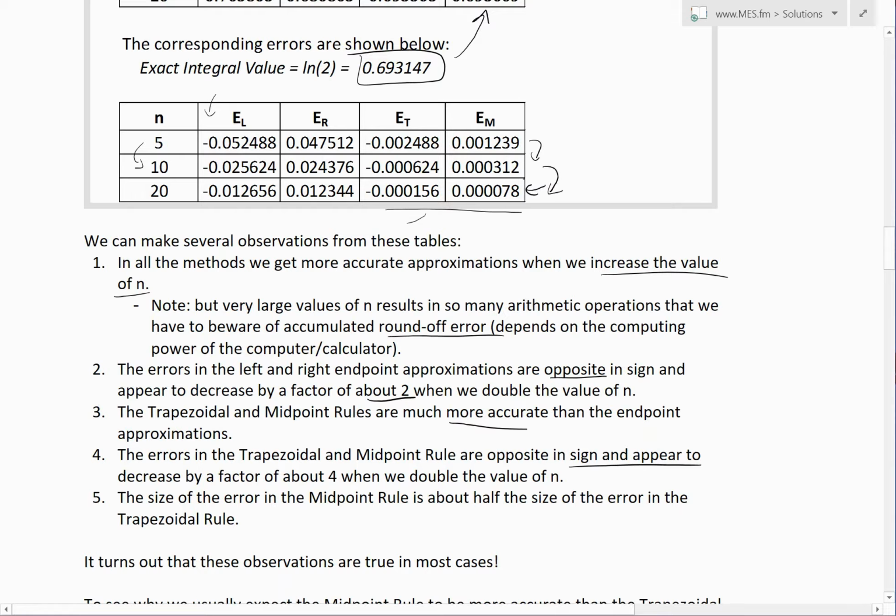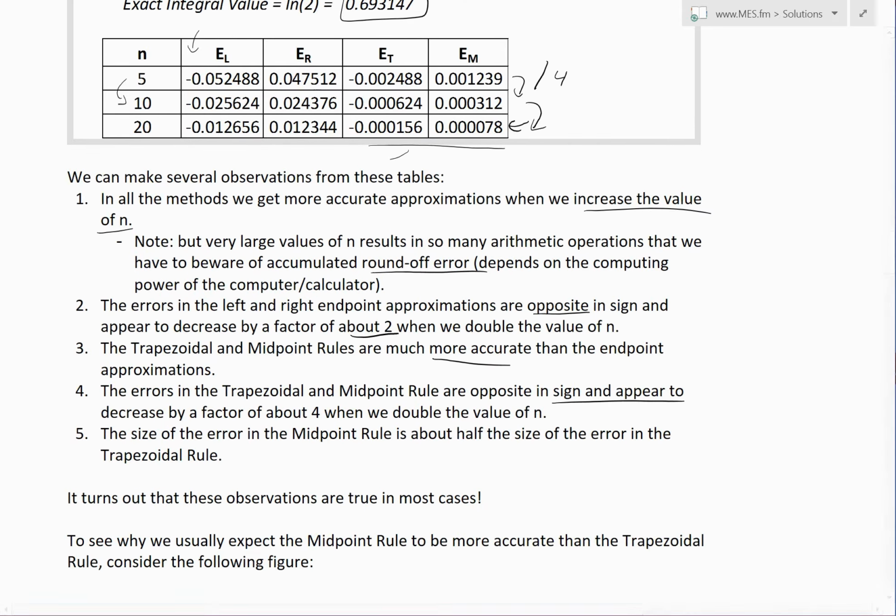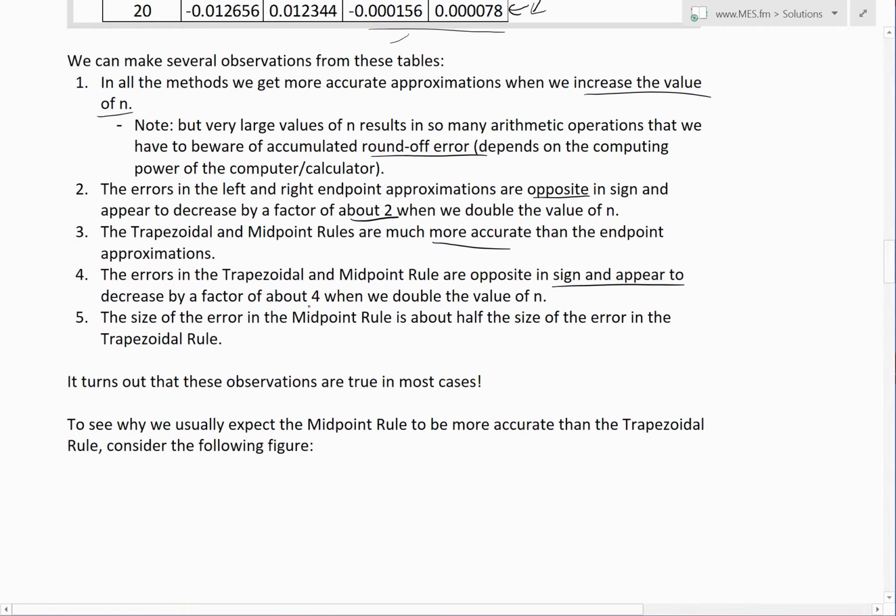Again, this is dividing by 4. Divide by 4 as you go down here as well. 4 goes to 6, then divide by 4, it goes to around 1.5-ish, 0.00015-ish, etc. So it's going down by 4 when we double the value of n.